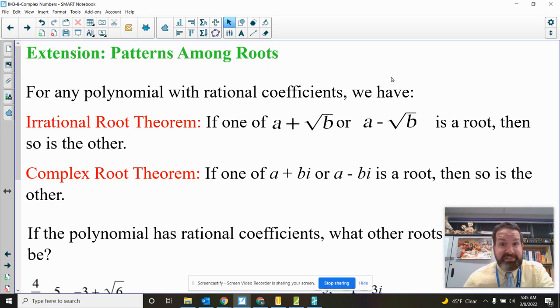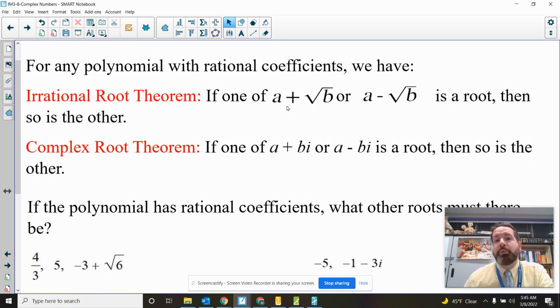What we have found is this. If you end up with a root that is a square root that doesn't simplify, something like the square root of 2, or maybe you do the quadratic formula and you get 4 minus the square root of 7, those tend to come in pairs. And it comes from the idea of the quadratic formula with that plus and minus in it.